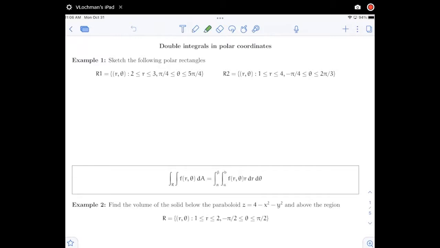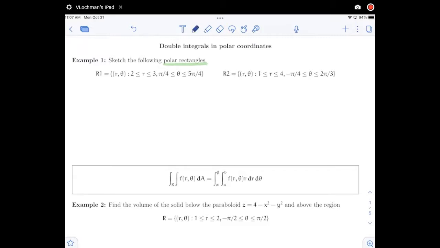They're polar rectangles, so they're not going to be just boxes. R1 here says it's all points r and theta so that r is between 2 and 3, and theta is between pi over 4 and 5 pi over 4.